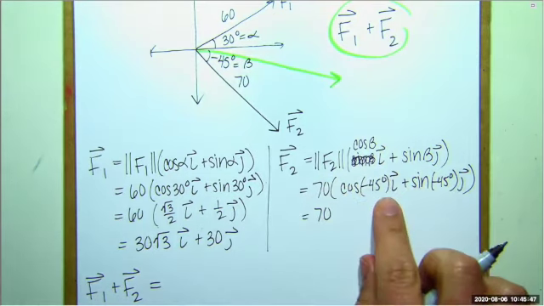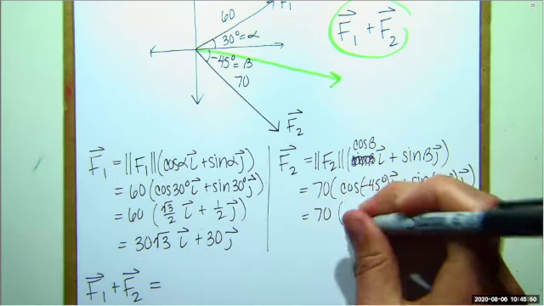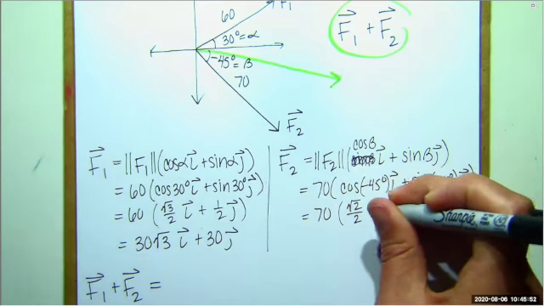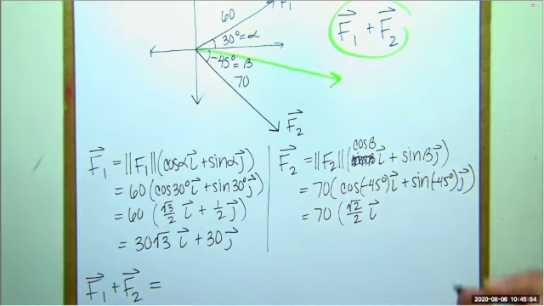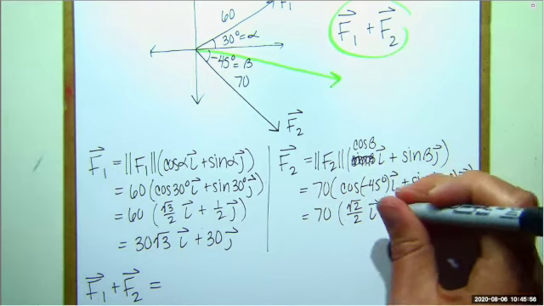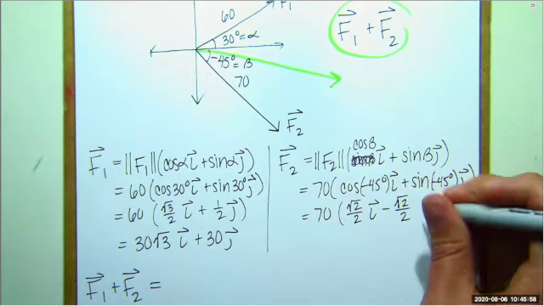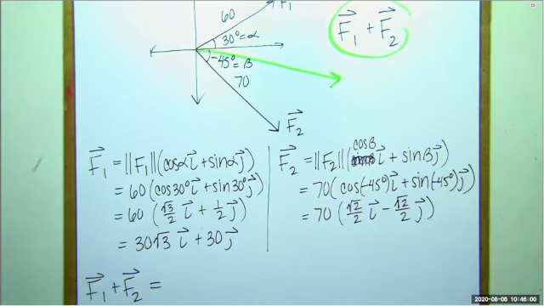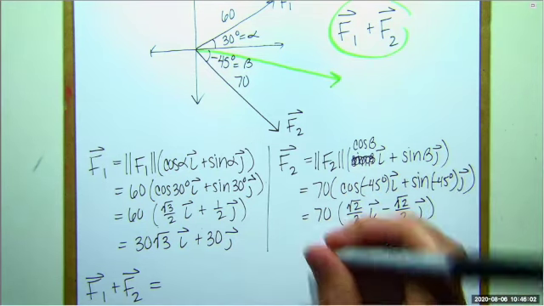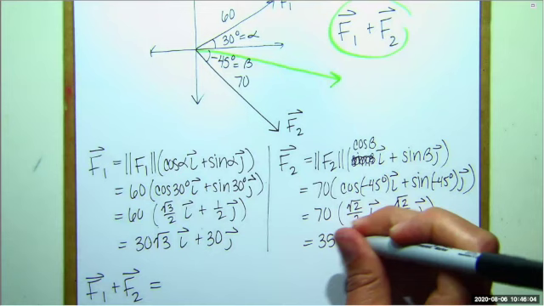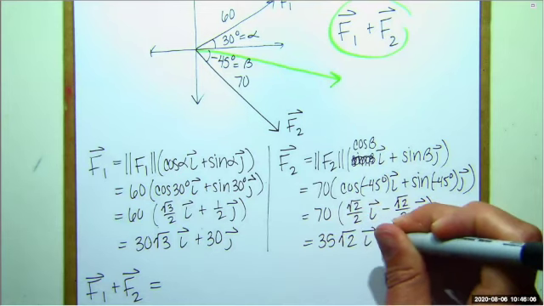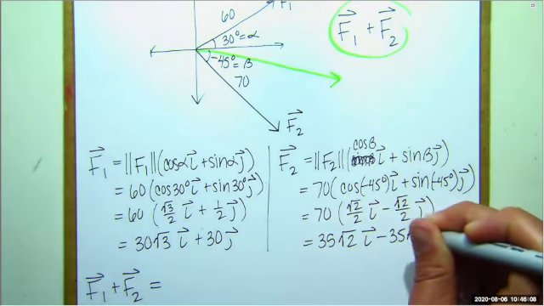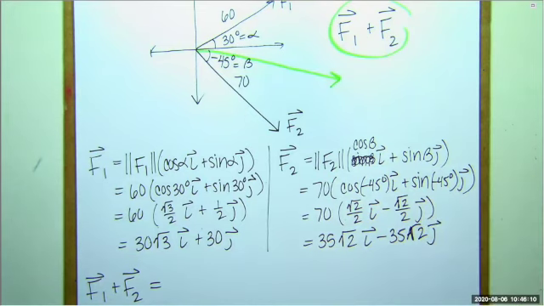Okay, so we know cosine of negative 45, we know that's root 2 over 2. Cosine's positive in the fourth quadrant. And sine of negative 45, we know that is negative root 2 over 2. Sine in the fourth quadrant is negative. Next step, we'll multiply these out. So I got 35 root 2 i minus 35 root 2 j.